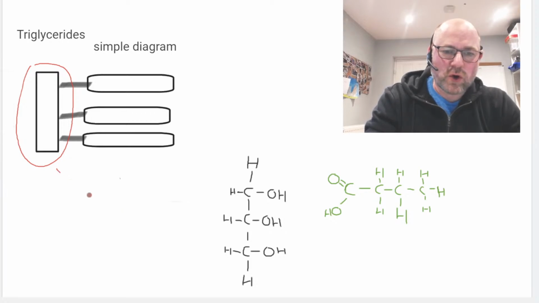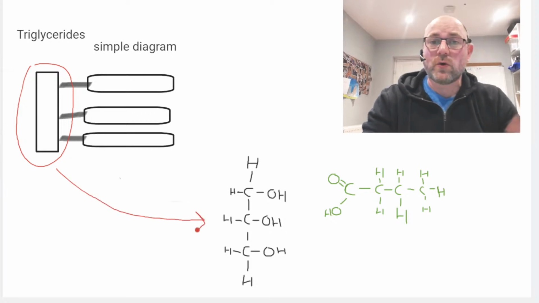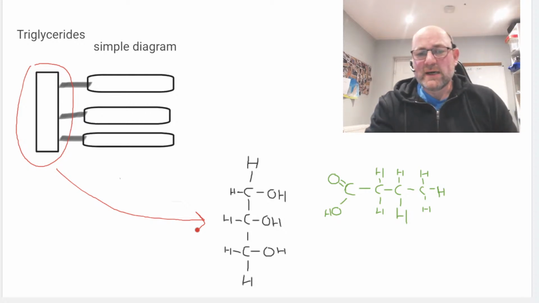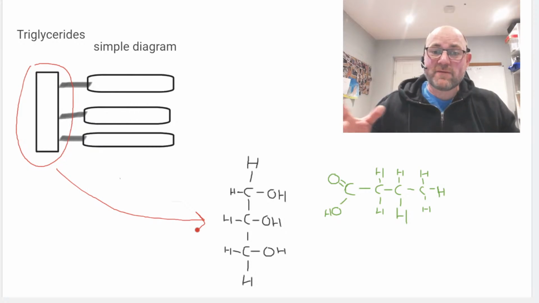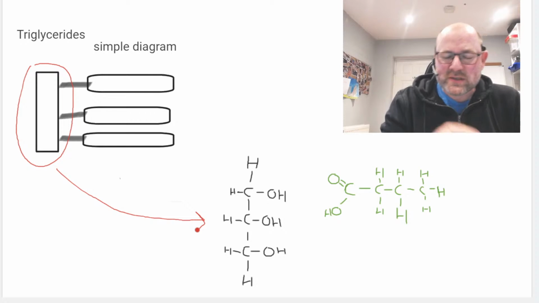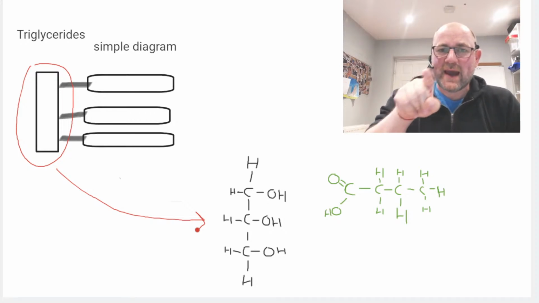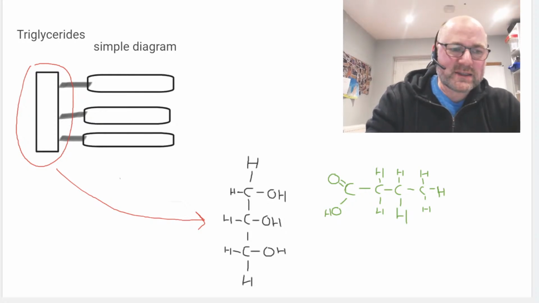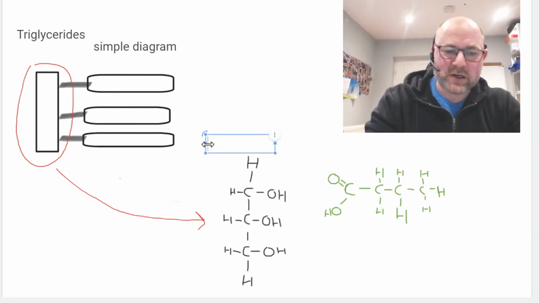However, there is a slightly more complicated version, and those of you that go on to take A-level chemistry will get used to this. This is called the displayed formula, and this shows all the covalent bonds within a molecule. Of course, I haven't shown the bond between the O and the H from the hydroxide groups there on the glycerol. And this is what glycerol looks like if we look at all the bonds.